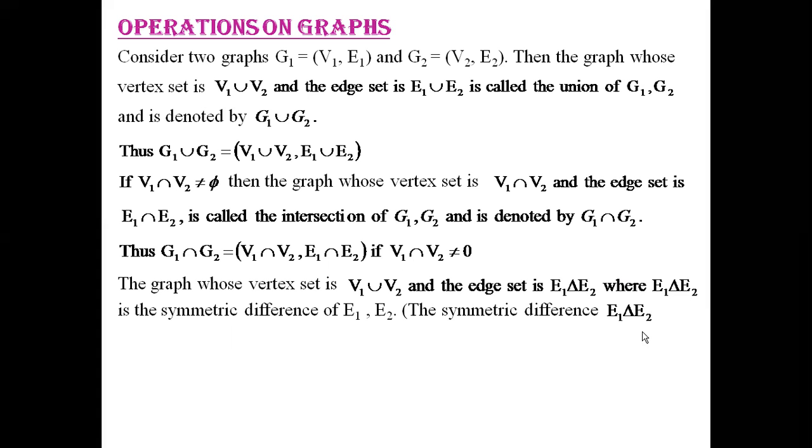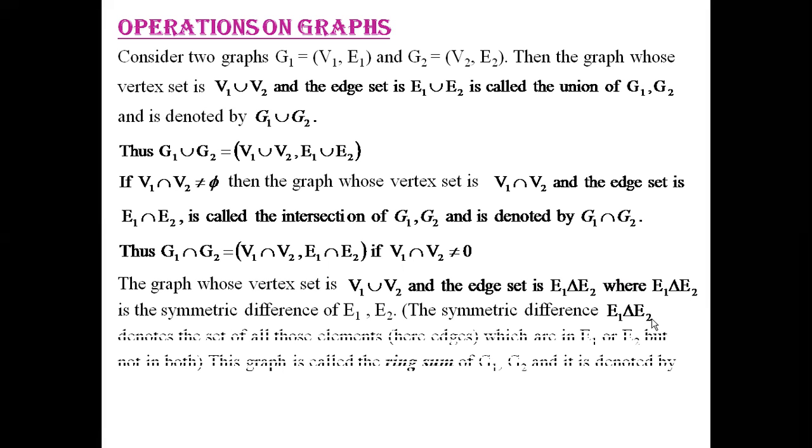This symmetric difference E1 delta E2 denotes the set of all those elements, here the edges, which are in E1 or E2 but not in both. This graph is called the ring sum of G1 and G2 and it is usually denoted by G1 ring sum G2.